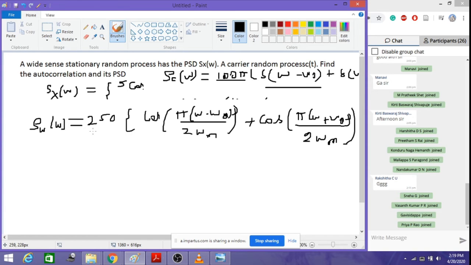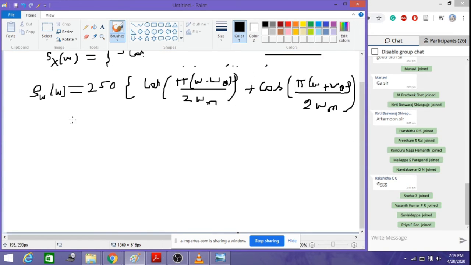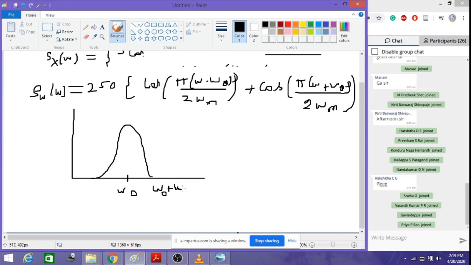Now if we plot these terms, we'll get something like this, and this might be the omega axis, and this is omega naught plus omega m, and this is omega naught minus omega m.